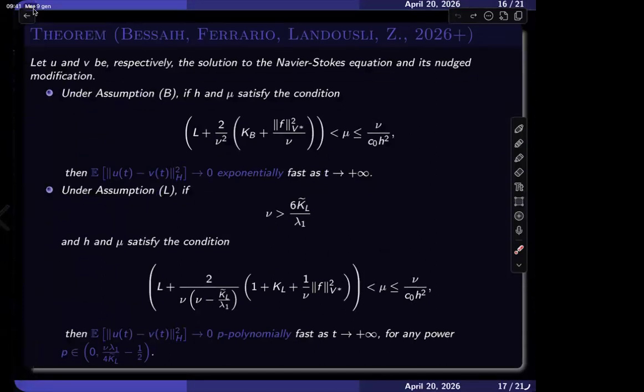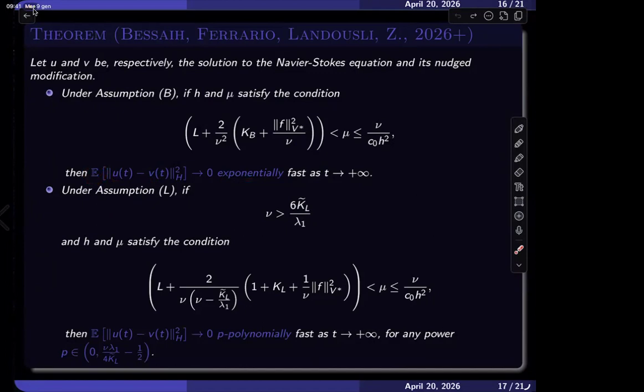We have, as I said, different results according to the assumption that we make on the noise. So if we consider a noise which is bounded, we prove that the solution of the nudging equation converges to the solution of the Navier-Stokes equation exponentially fast, but in this case we just have the convergence in expectation.